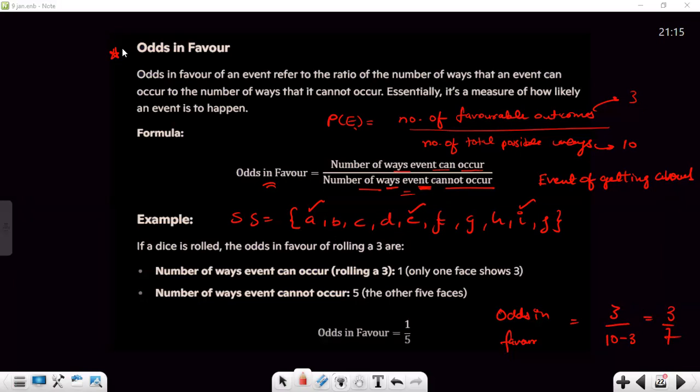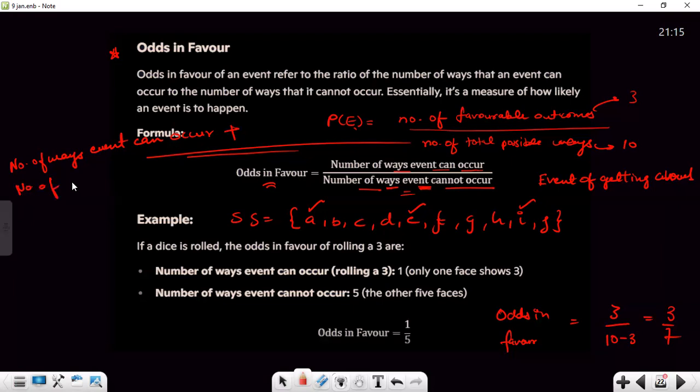This is how we are going to find it. The number of total possible outcomes, the sample space, is equal to the sum of the number of ways an event can occur plus the number of ways that event cannot occur.